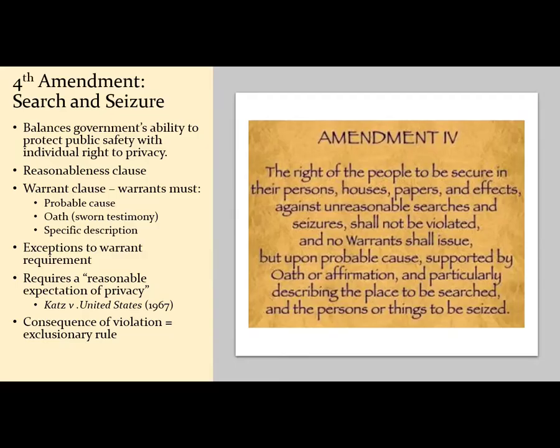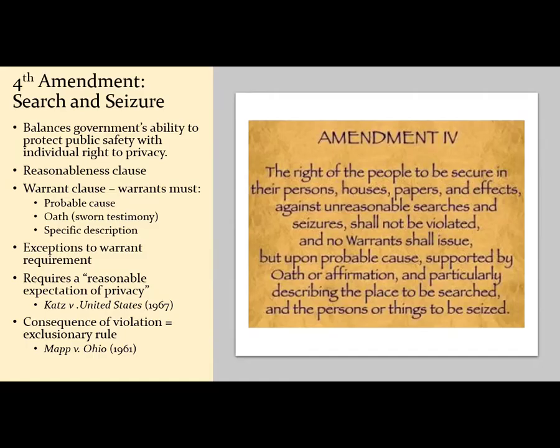If he had a reasonable expectation of privacy surrounding this, in this case the conversation, but it could be a piece of tangible evidence, or it could be your person, your body, of course, is private. So that case is known for saying that this right against unreasonable searches and seizures is an individual right. It's not just about location.